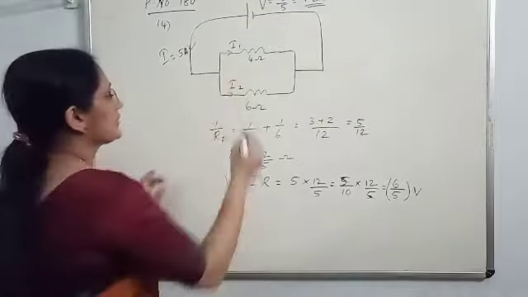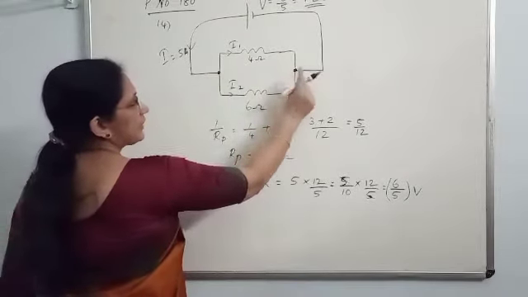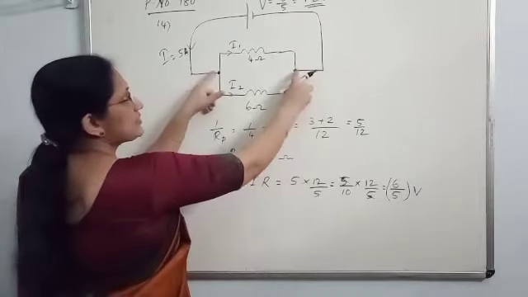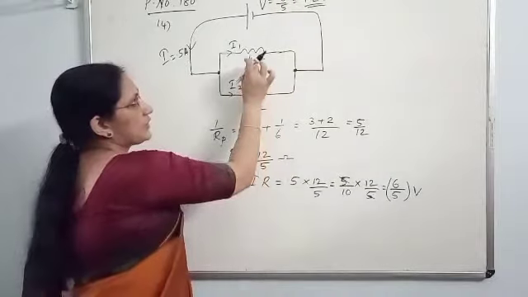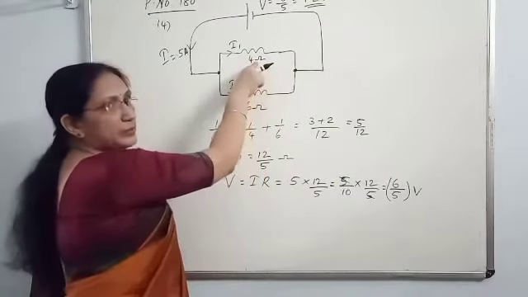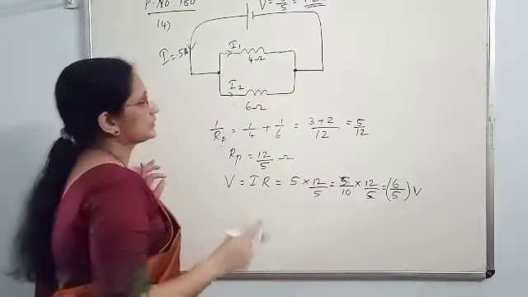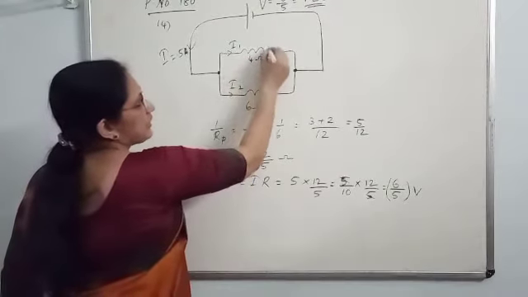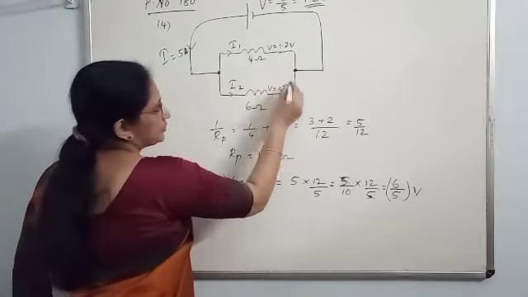Now look at these two resistors, they have the common terminals here. Across these two terminals you will get a potential difference of 1.2 volt. So that means the V value available for both the resistors is 1.2 volt. This resistor, its V value is 1.2 volt and this also has V value 1.2 volt.